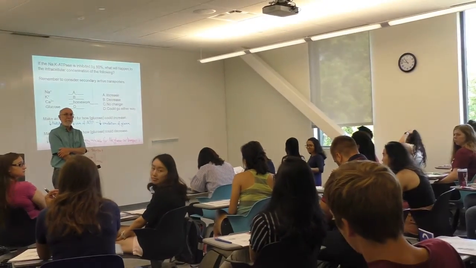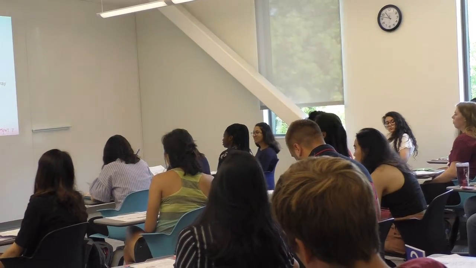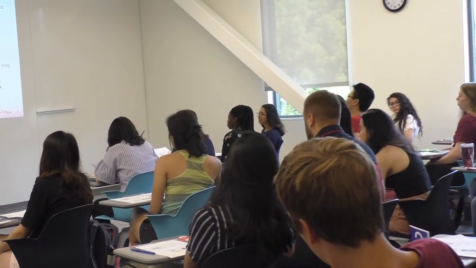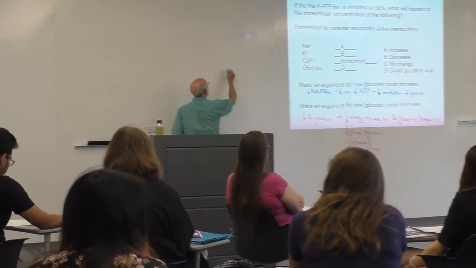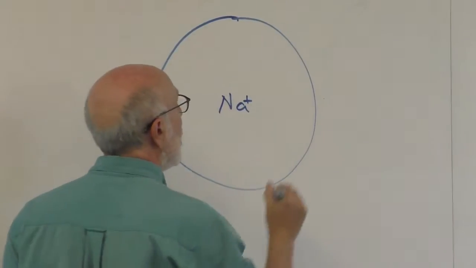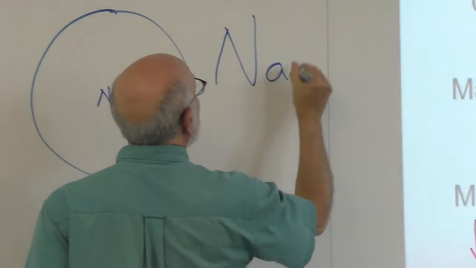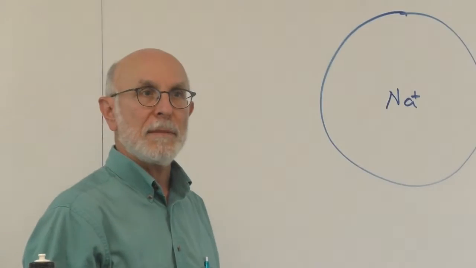Bob: If the sodium concentration inside the cell increases, then how could the sodium gradient be...? Okay. Is that the confusion? The concentration of sodium on the inside is low. The concentration of sodium on the outside is high. That was a gradient that was established by the sodium potassium ATPase.